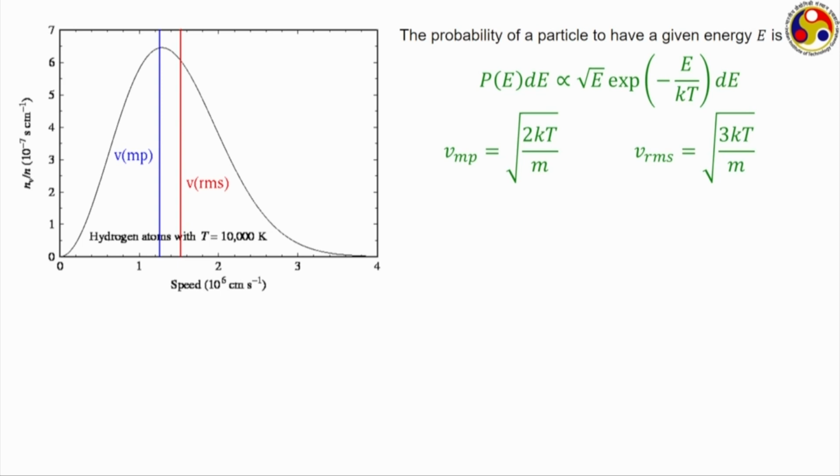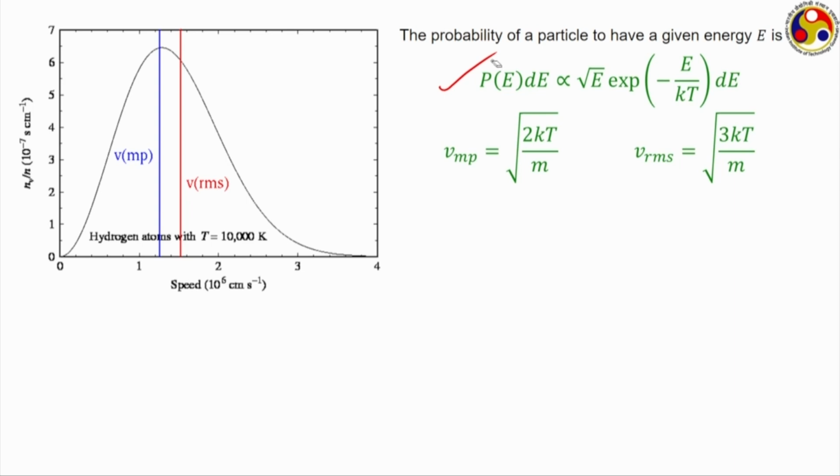P_E refers to the distribution of energy, and from here we can also get the most probable velocity of the particle and the RMS velocity of the particle. These two expressions are quite standard from the kinetic theory of gases. Here small k refers to the Boltzmann constant, capital T is the absolute temperature, and m is the mass of the concerned particle. And this distribution of energy is given by the Boltzmann distribution.